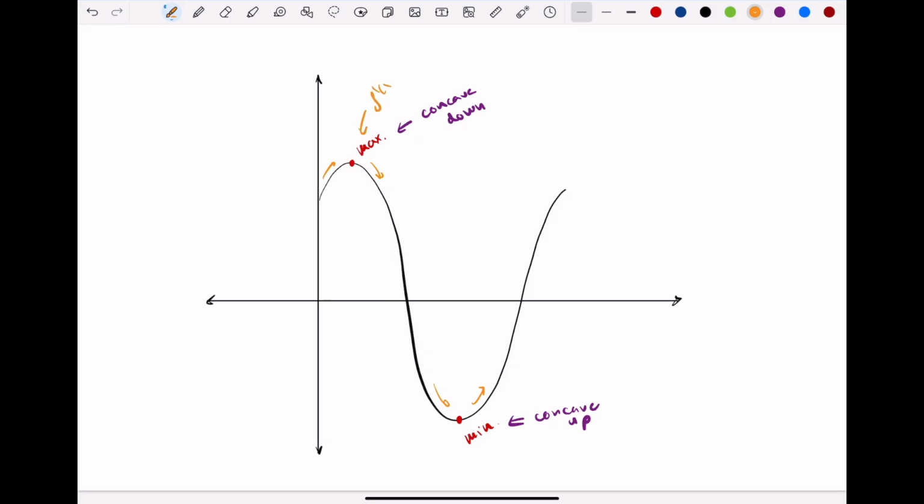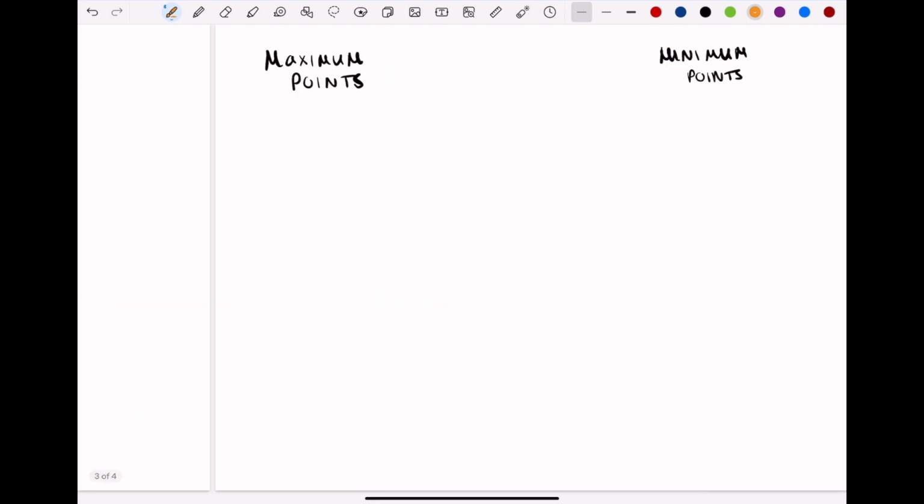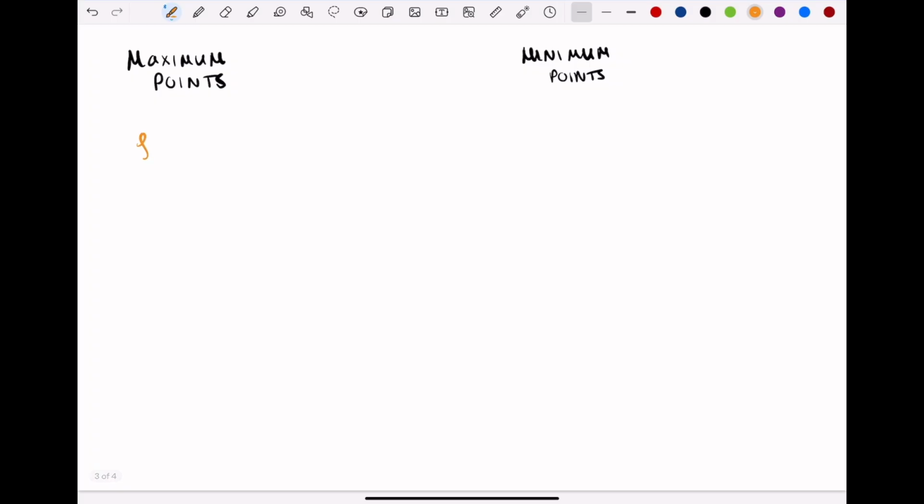So we know that f prime of x at a maximum point is equal to 0. Similarly, we can apply that same logic to the minimum. If we are decreasing in slope but then increasing back, there must be a point where we go through 0. So a generalized statement that we can make is that f prime of x is equal to 0 in both minimum and maximum points.